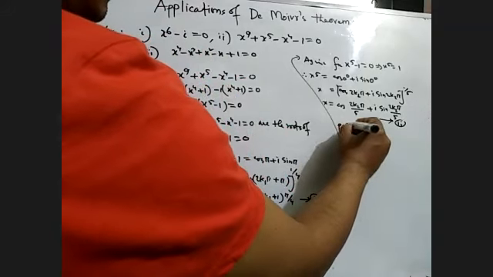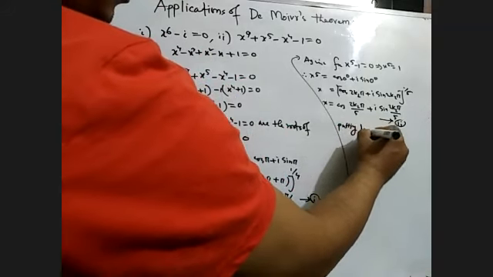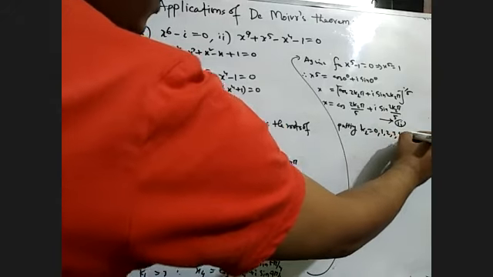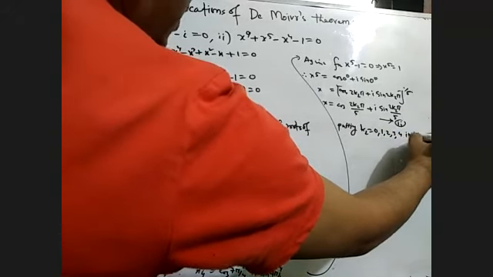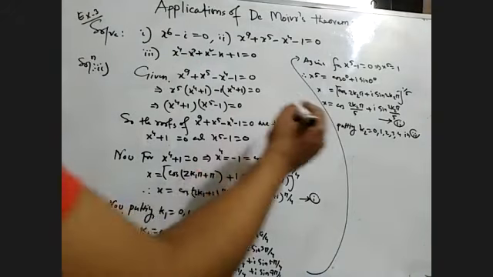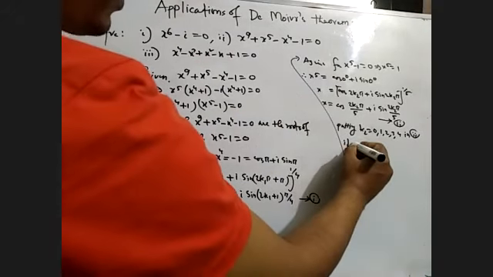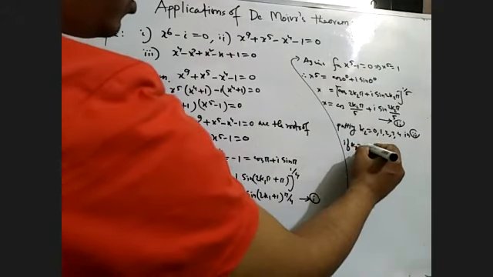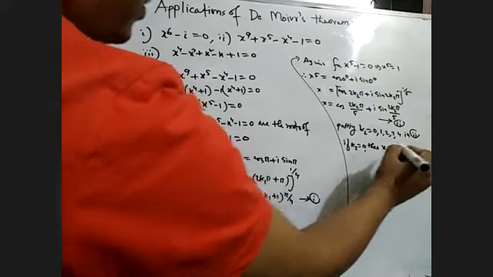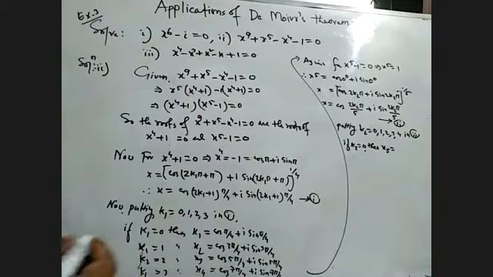Putting k2 equals 0, 1, 2, 3, 4 in the second equation. So the next roots will be what? If k2 equals 0, then the fifth root will be what?